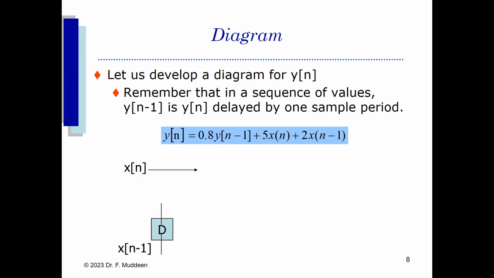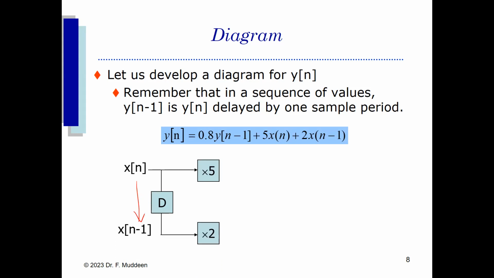All right. We have x[n], and then we also have x[n-1], which is x[n] delayed by 1. So I'm putting a capital D inside of here. I multiply x[n] by 5, and the delayed value x[n-1], I multiply by 2.